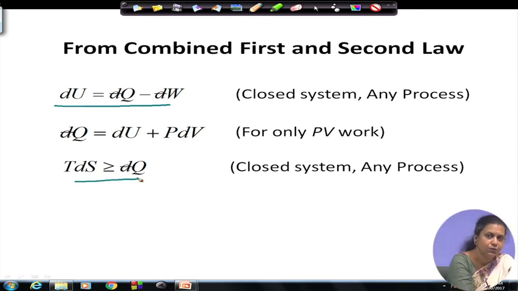Now, if you observe these equations, we found that as a consequence of the first and second law we have defined two new properties. First law defines du and the second law defines ds.